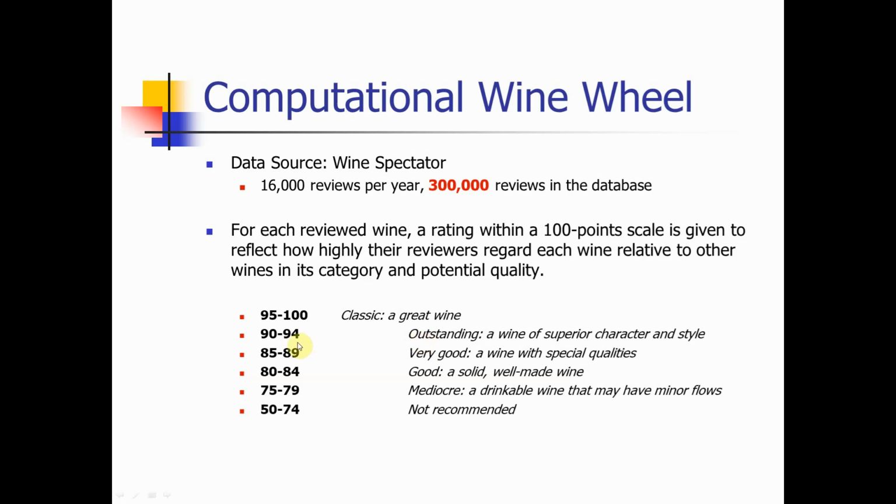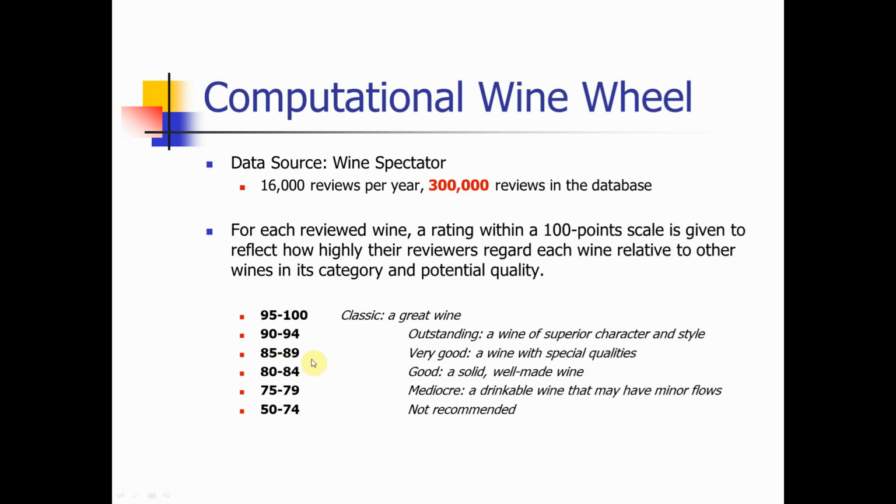Most wines that receive what we call 90 plus are very good in their category. When that happens, they actually use advertisement to indicate that their wine received higher than 90 points from Wine Spectator. So that is a very important recognition of the wine.